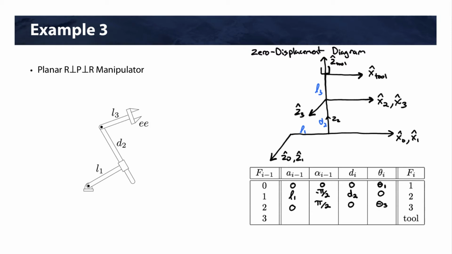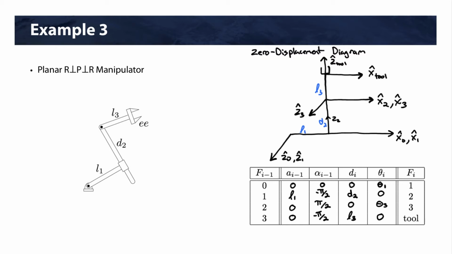And then we're going to have theta 3, our joint variable. And lastly, to go from frame 3 to our tool frame, the Z axes intersect, so that's 0. They are 90 degrees apart, and it's a negative rotation, so that's minus pi over 2. The distance between them is L3, and it's just our end effector, so it's not a revolute joint or anything, so we know that theta is 0.